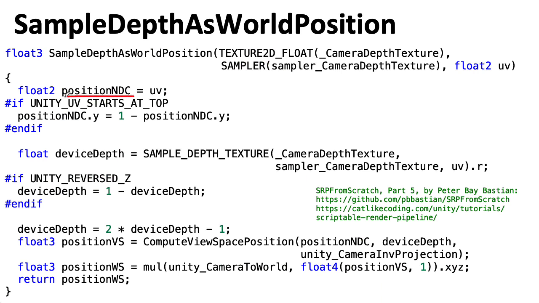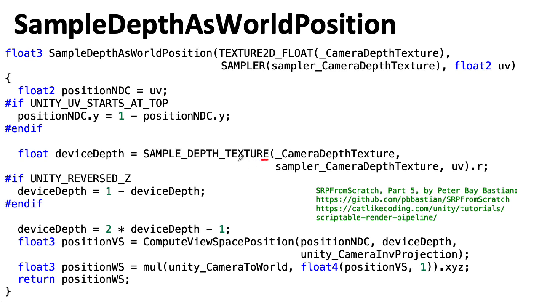So the position NDC stands for a position in normalized device coordinates. And here that corresponds to our UV that's going from 0 to 1. There's potentially some weirdness having to do with particular hardware things and API things that may involve us needing to flip that upside down. Luckily, Unity takes care of that for us.